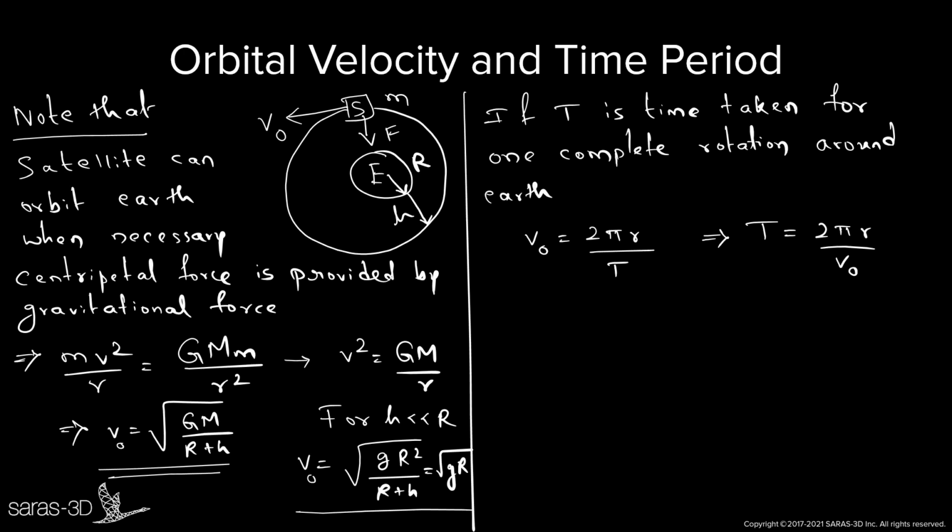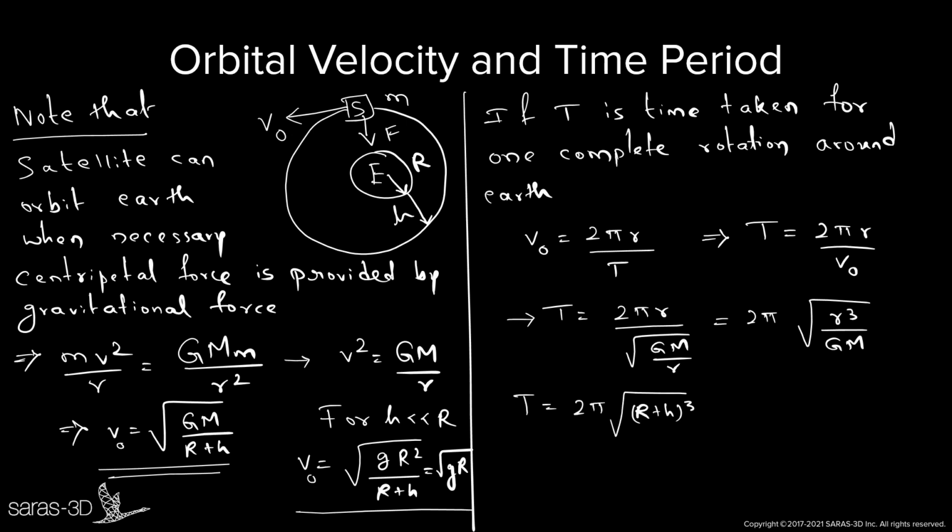Substituting the orbital velocity we derived earlier, the time period is 2 pi into square root of r cube by GM. Replacing small r by R plus h, the final expression is 2 pi under root of (R plus h) whole cube divided by G into M.